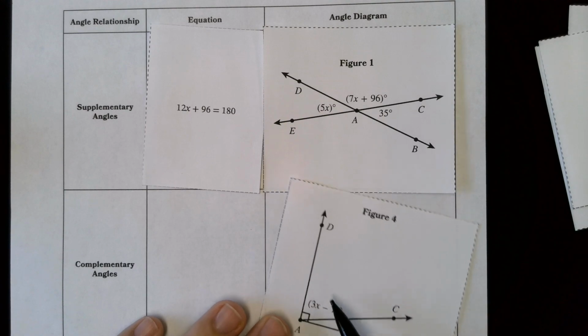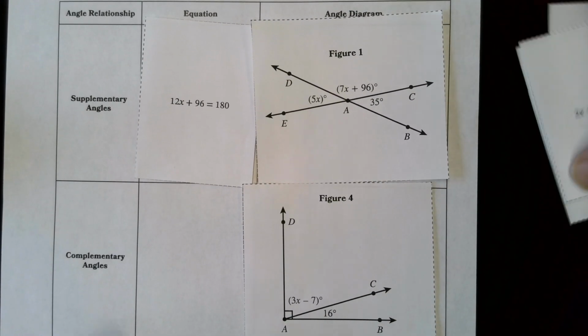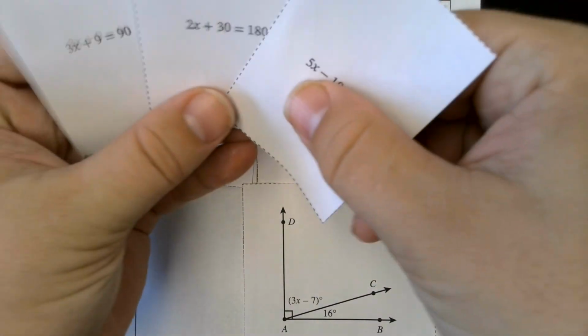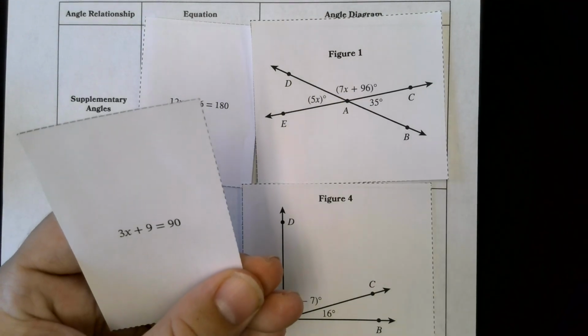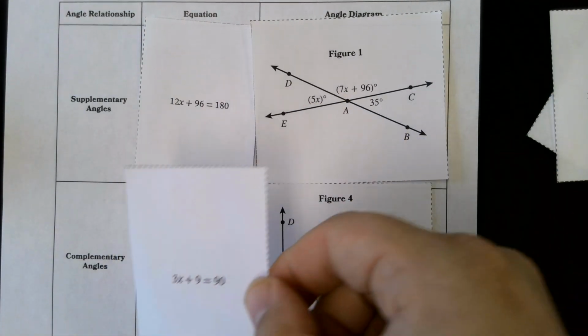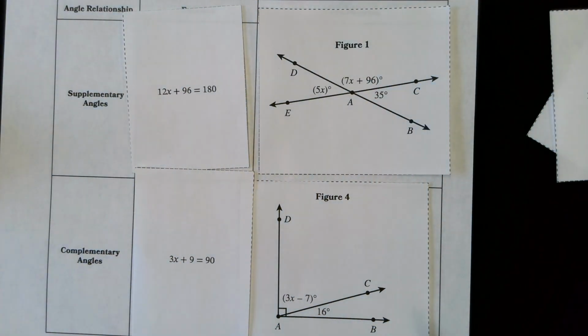And we have 2 angles that add up to 90. Looking at our equation cards, that's not 90, that's not 90. So that leaves us with 3x plus 9 equals 90.